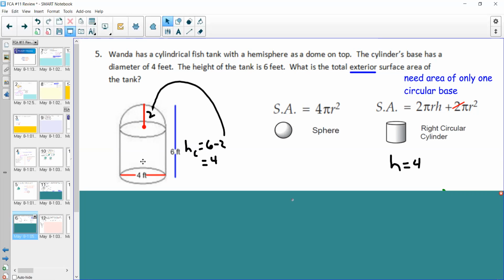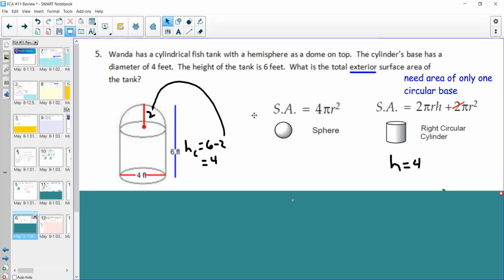We'll have to find the surface area of the cylindrical part, and separately the surface area of a sphere. So we have to recognize the whole height is 6 feet, so then the radius of the sphere must be 2 feet.